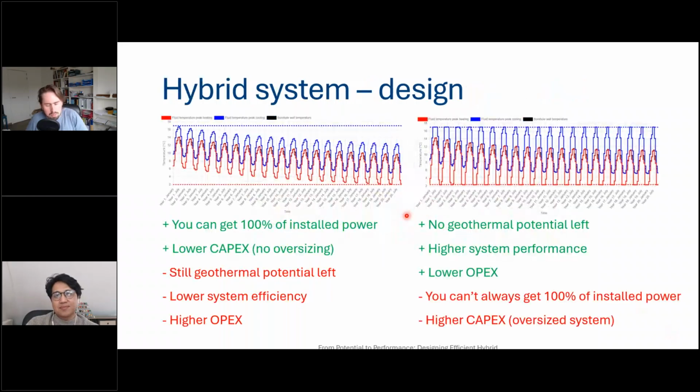So I will go towards a slide which I think will help. Basically, you can see it here. If you optimize for power, what you want to do is say, well, I will install as much geothermal heating and cooling as possible, but I want to make sure that if I install 200 kilowatts in this case, I will get this 200 kilowatts at all times.